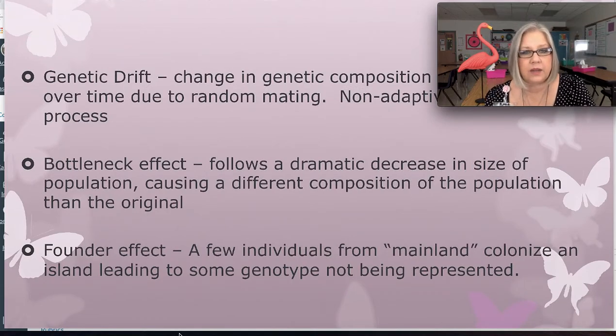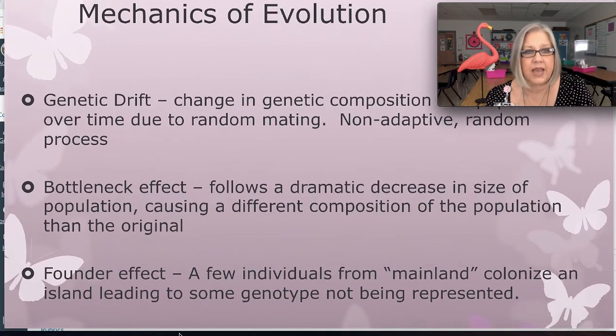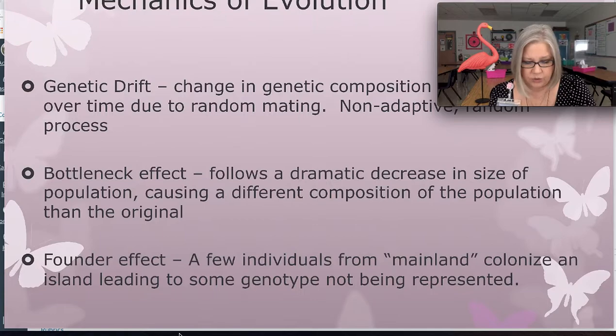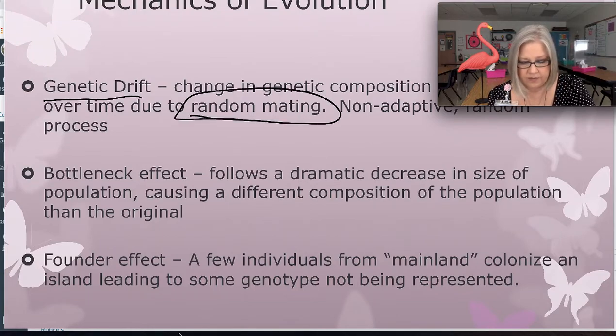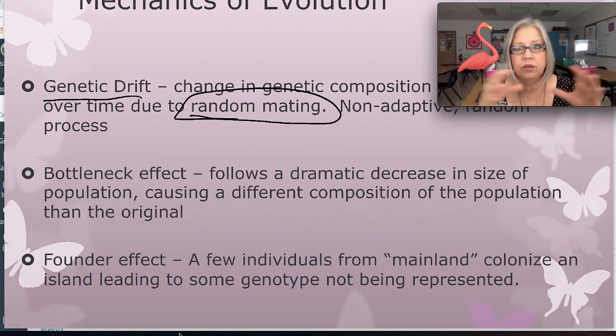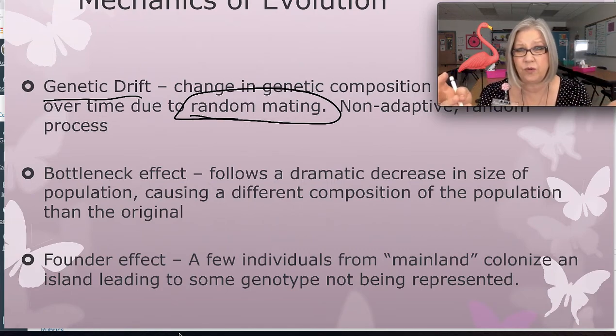Okay. So genetic mechanics, we have genetic drift. This comes about by random mating, and we see this all the time, that certain characteristics will rise to the forefront.